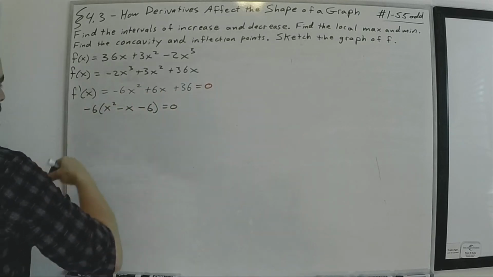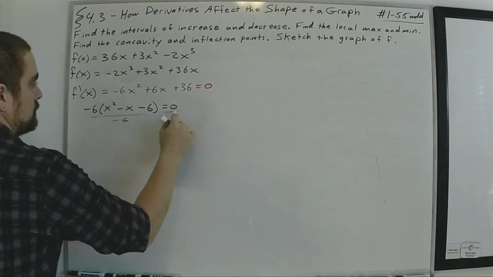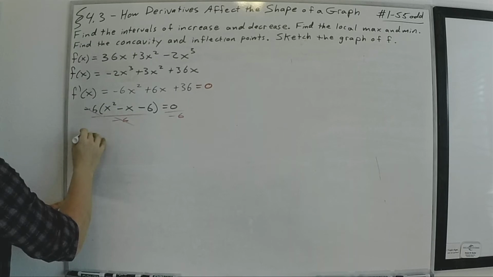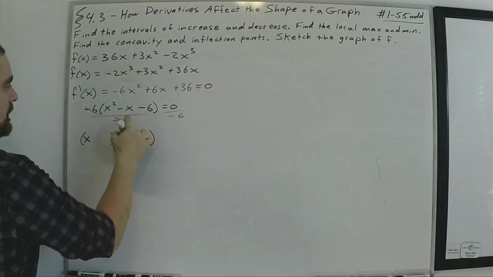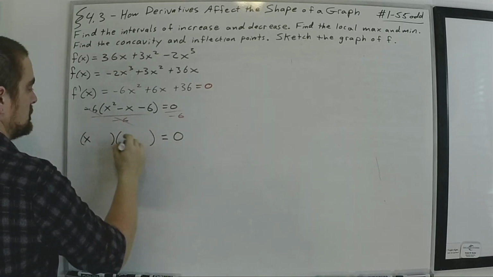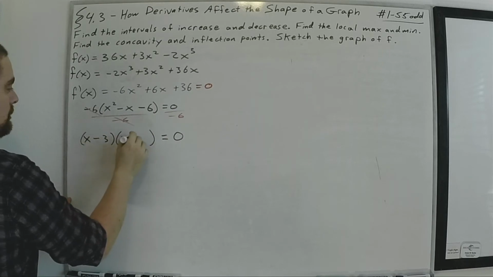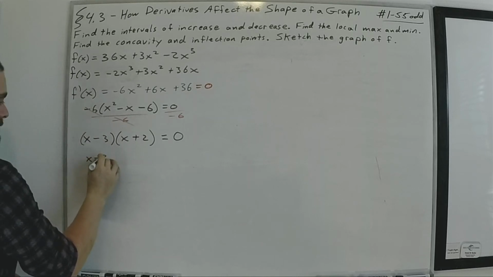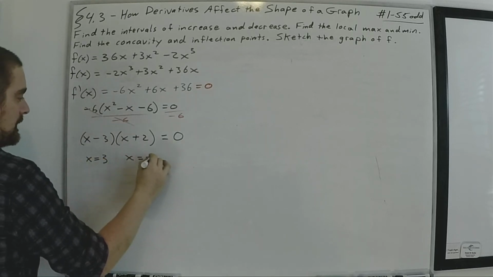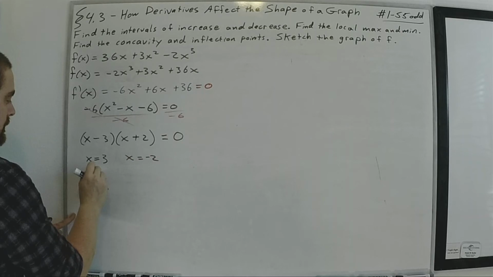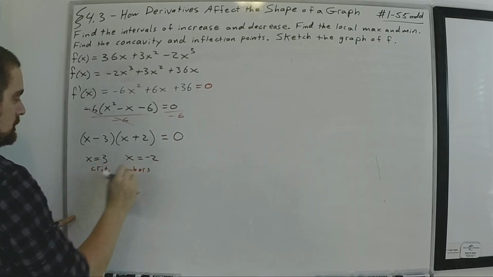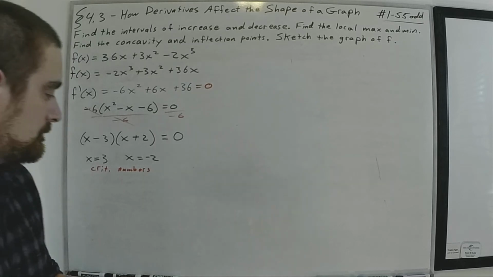I can divide both sides by negative 6. It's not going to contribute anything to me finding critical values. And then I'll factor that x squared minus x minus 6 to get x minus 3 and x plus 2. So I have x equals 3 or x equals negative 2 as my critical numbers. So those are my 2 critical numbers.